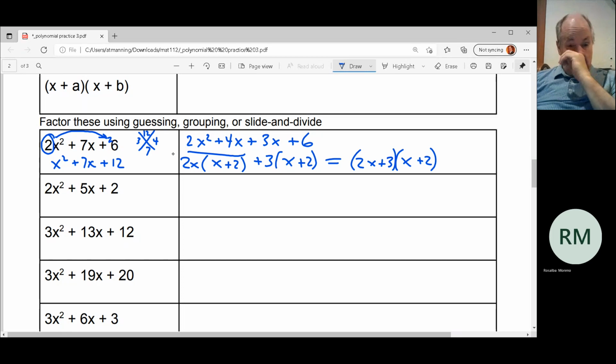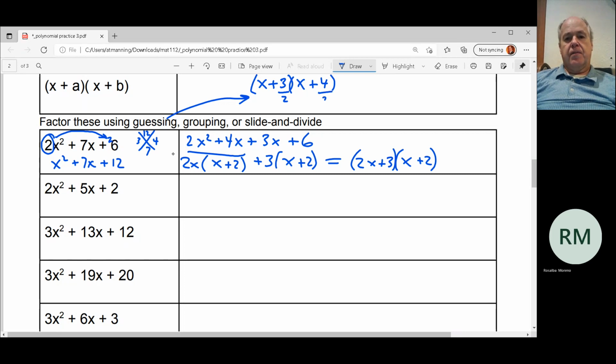So then, with the slide and divide, I can turn this into x plus 3 times x plus 4. But we're not done yet, because remember, we slid over the 2. So to get back to our original, we need now to do the divide by the 2 that we slid over.